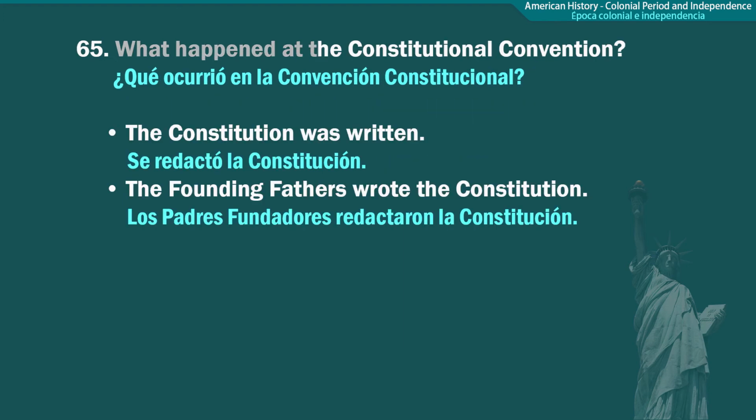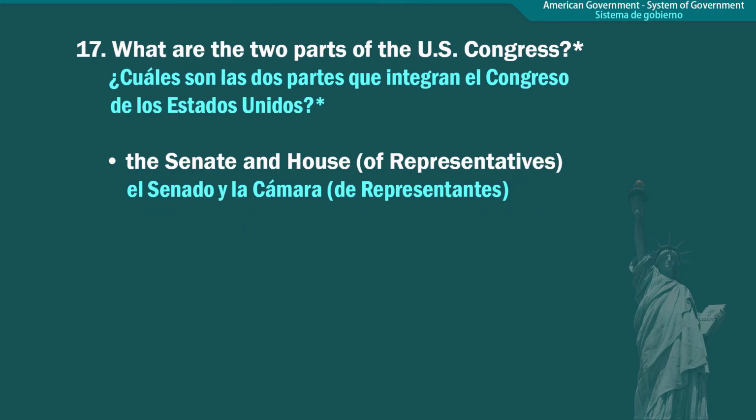What happened at the Constitutional Convention? The Constitution was written. The Founding Fathers wrote the Constitution. What are the two parts of the U.S. Congress? The Senate and House of Representatives.